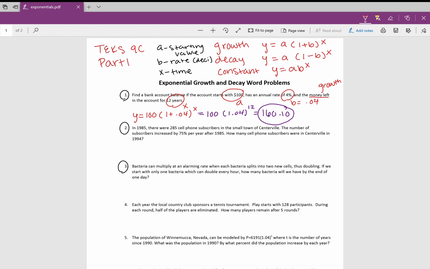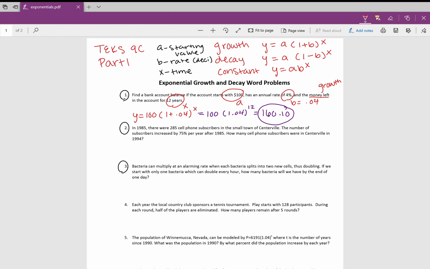Okay, let's look at number 2. It says in 1985, there were 285 cell phone subscribers in the small town of Centerville. The number of subscribers increased by 75% per year after 1985. How many cell phone subscribers were in Centerville in 1994? First we label everything.